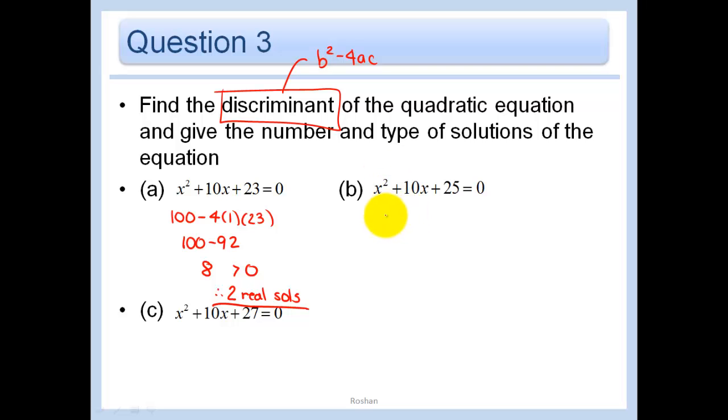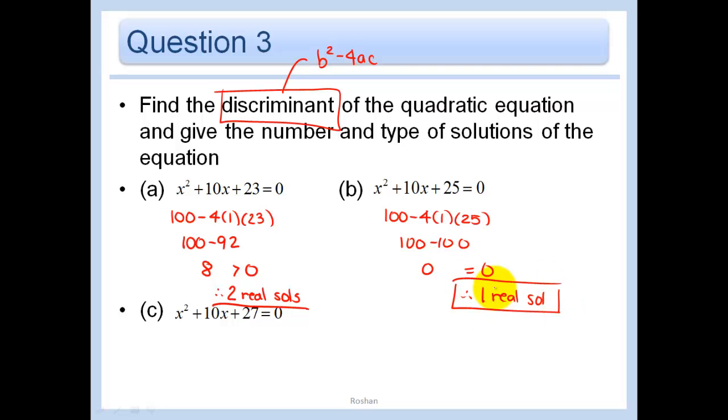In this one, I have b squared is 100 minus 4ac, which is 100 minus 100, or 0. So since I equal 0, therefore 1 real solution. In this one, I bet you can guess what type it's going to be, but let's do it.